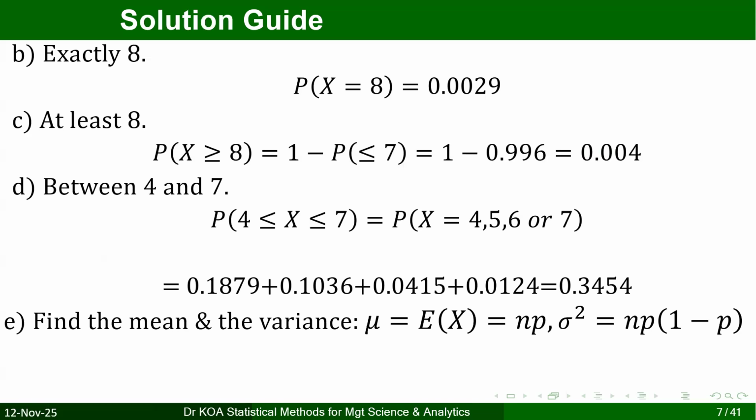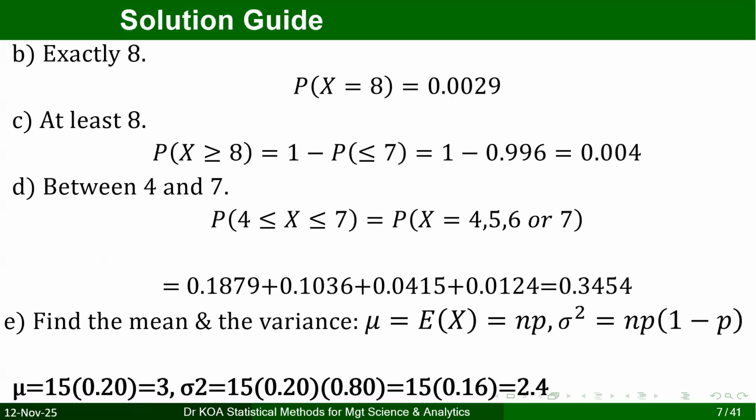Okay, Doctor, N was 15, and P was 0.2. So the answer is 3. Good. And the variance? Okay, so the variance is 3 times 0.8, which is 2.4. Okay, perfect. So as you can see, that is exactly what you have here.